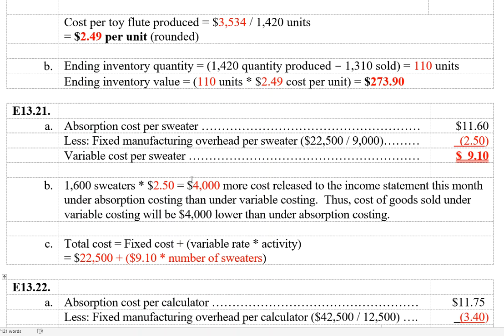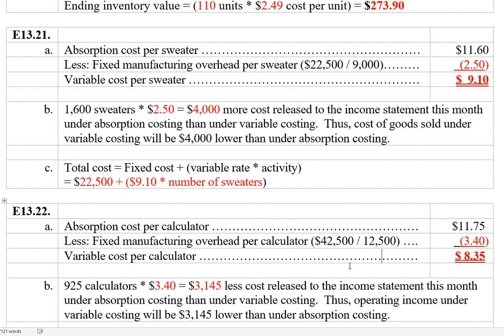All they're asking you to do here is to recognize that a portion of the cost is actually fixed, and they're making you calculate that. So if we have a total amount of fixed cost and a variable cost of $9.10, then we can put that in a linear formula that they call a cost formula. It's just put in a linear format here, see?